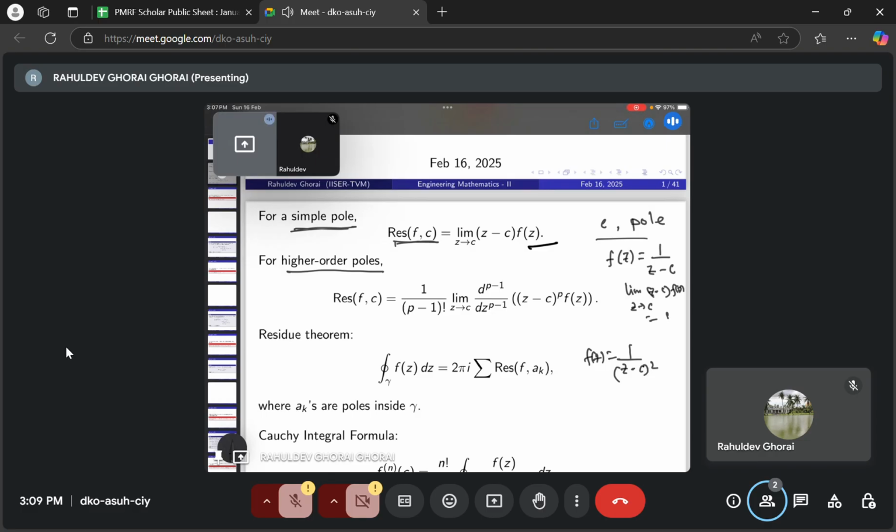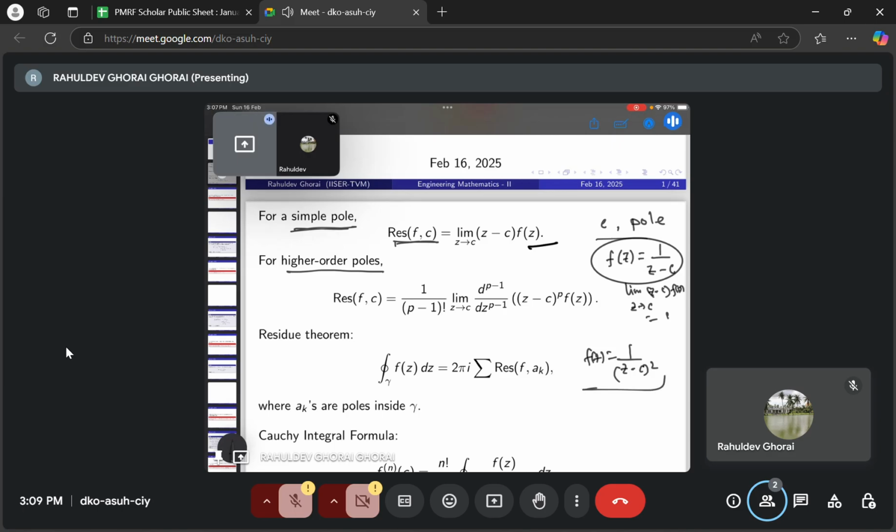That's why f(z) here has a pole at C, because 1 over f(z), that is z minus c, has a 0 at C, and z minus c is a nice, normal function, so it will be differentiable. So it will have a pole.